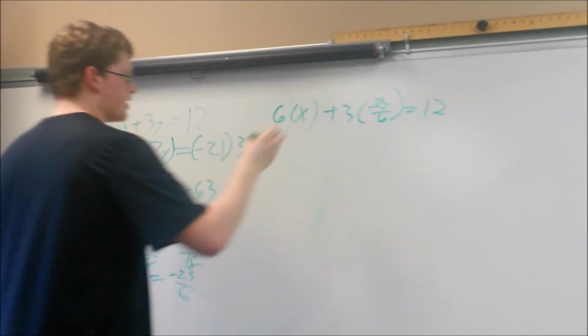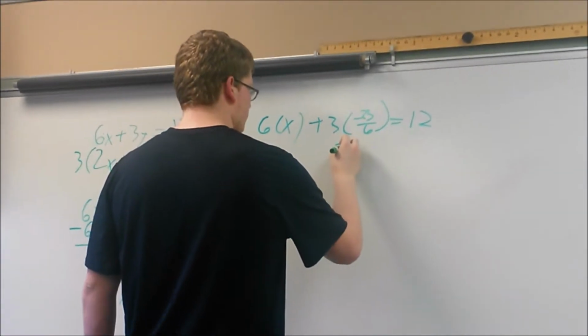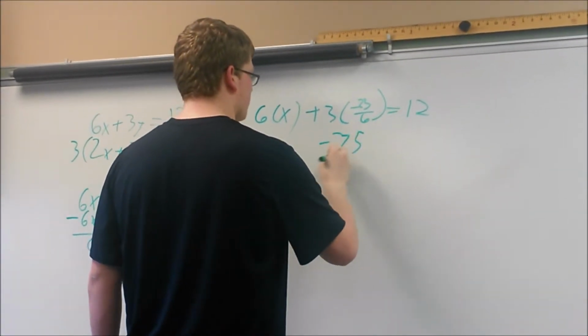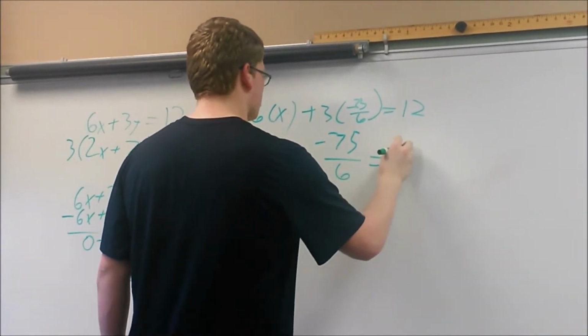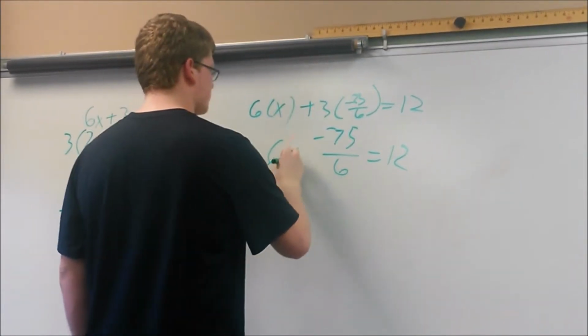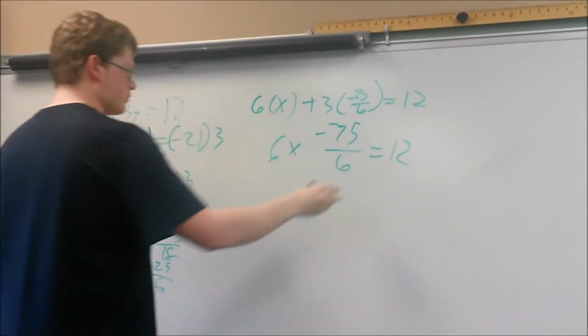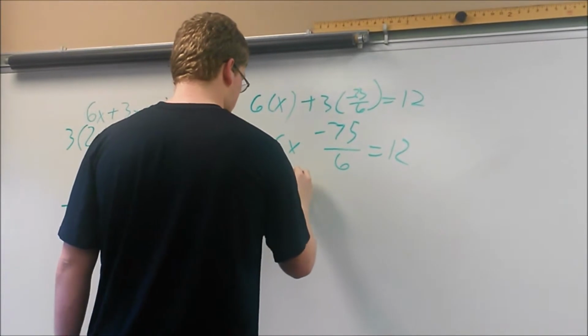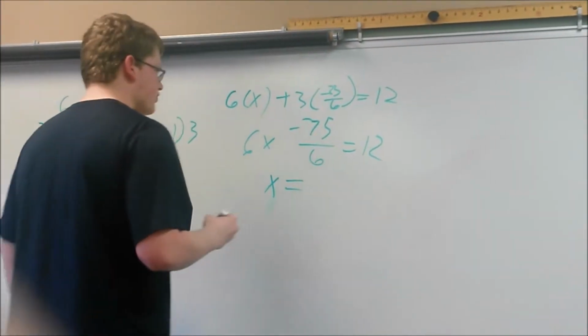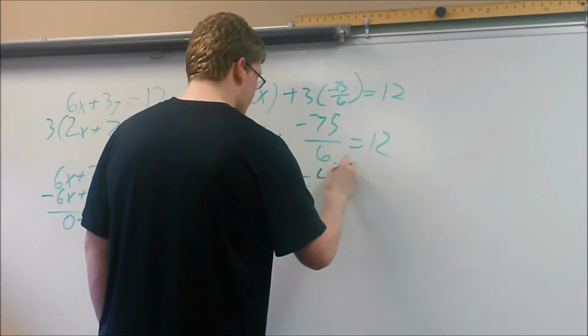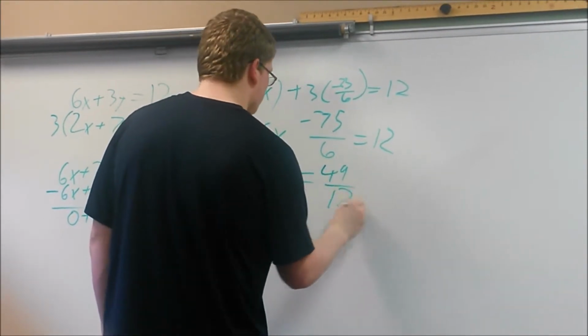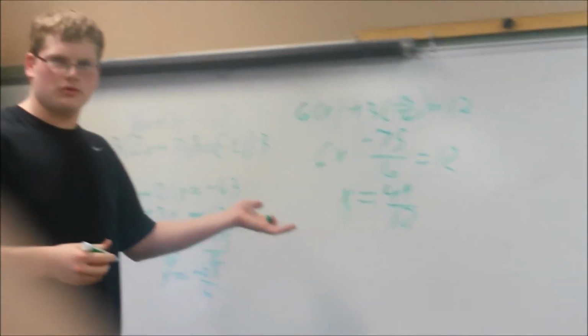So we take 3 times this to get negative 75 over 6, and add it to the other side, then divide by 6 to get x equals 49 over 12. And that's option number 2.